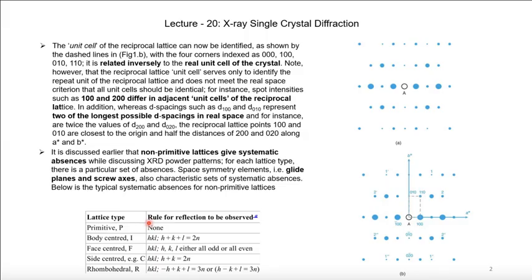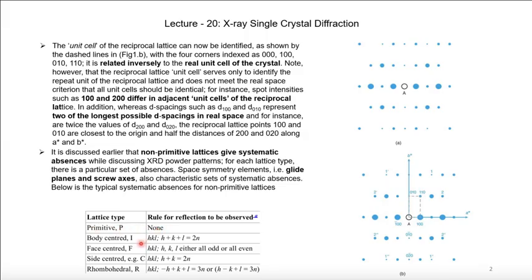All reflections could be observed because it has a symmetry, that is one-fold symmetry, at 360 degrees: if an object is rotated 360 degrees, it's the same. So here we do not get any rules for reflections to be observed for a primitive lattice.